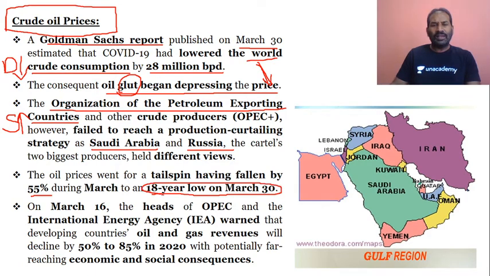And the earlier instance wherein the prices were very down was at the time of the Kuwait and Iraq war, when the war was taking place. So the crude oil prices slashed down then, and the second time, that is now, the crude oil prices have slashed down, and that is what is making an impact on the oil prices.